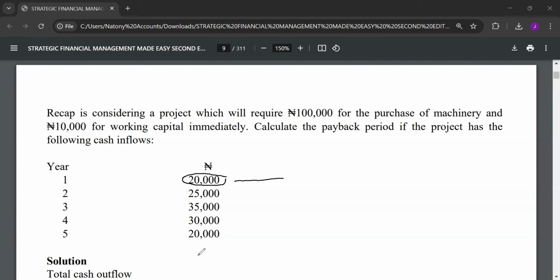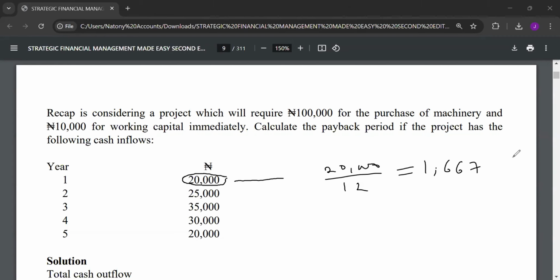So if I receive 20,000 in year one, I'm saying that for every month from January to December, I'll be receiving 20,000 over 12 on a monthly basis. 20 divided by 12 will give 1,666.666, so let me just approximate to this.